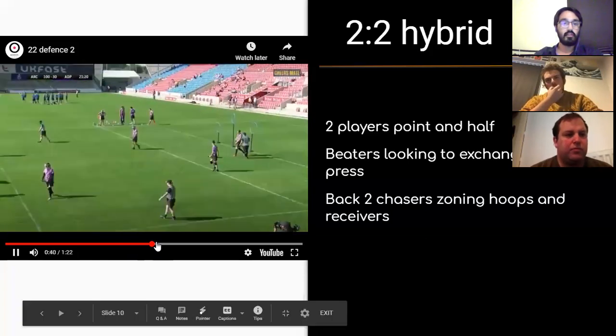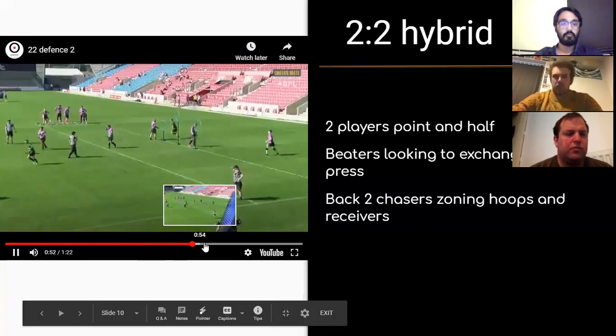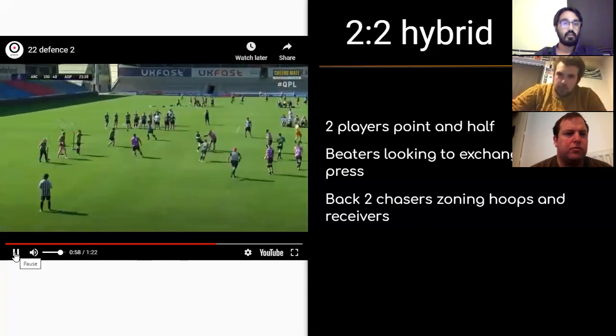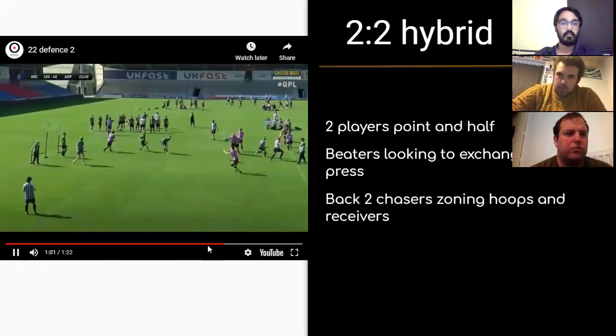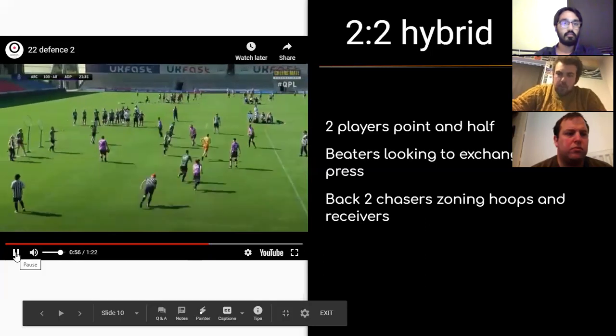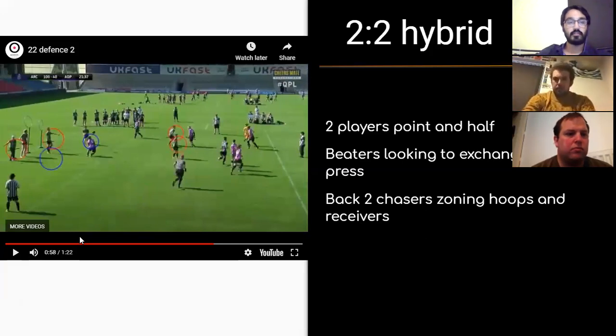Skip through, see the next one. And we're going to see the same lovely replay of our goal. And we see essentially the same play again. Still got our 3 banks of 2. You've still got your 2 chasers looking at the ball, looking to stop that one drive.